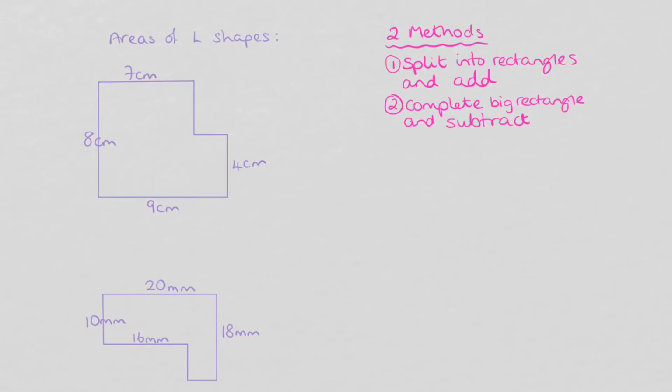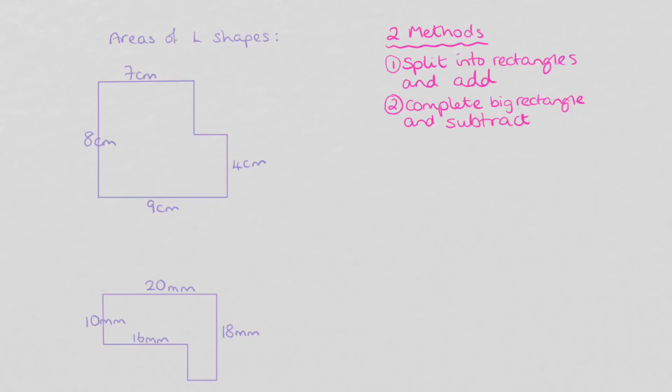Right, so having a look at this. Look at the first one here, this one. So we want to find the area of that. Take a moment to think about how you might find the area of that. Pause the video if you want to actually go ahead and work it out and see if you've done it right. So we've got two options written at the side here. We can split this shape into 2 rectangles.